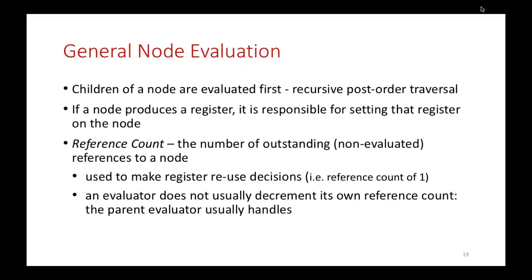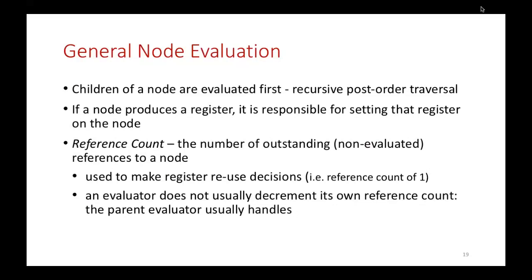One thing that really guides the whole process and tries to make the code generation as efficient as possible is looking at the reference counts. By reference count, this really means how many instances of a node are seen in a particular program. We can use that information to make decisions about whether this is the first use or the last use of a node, and about when registers die and when registers go live.